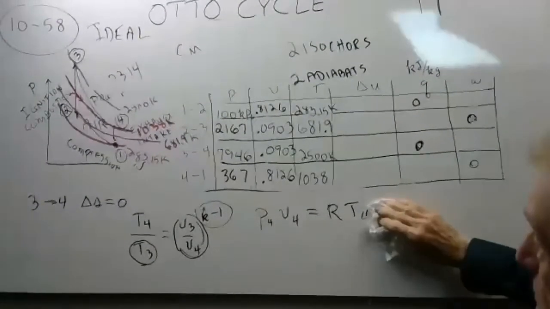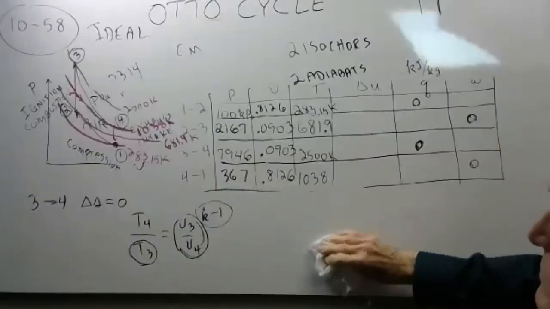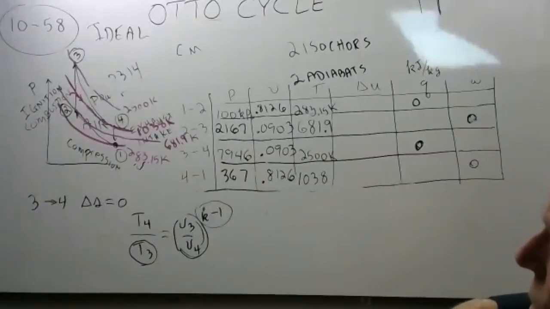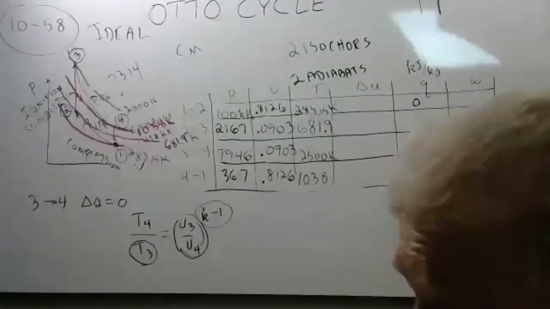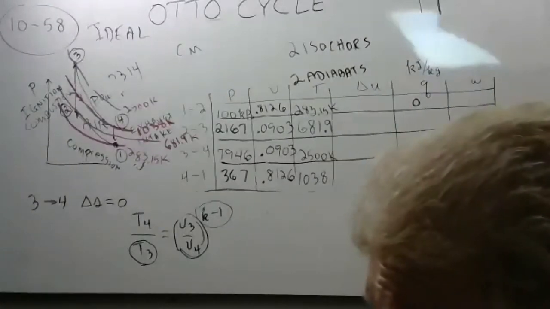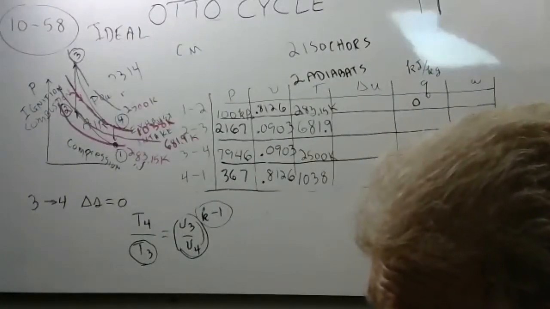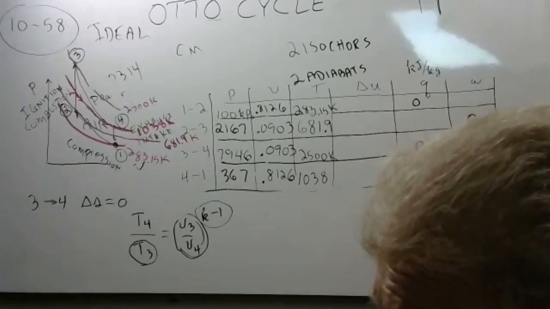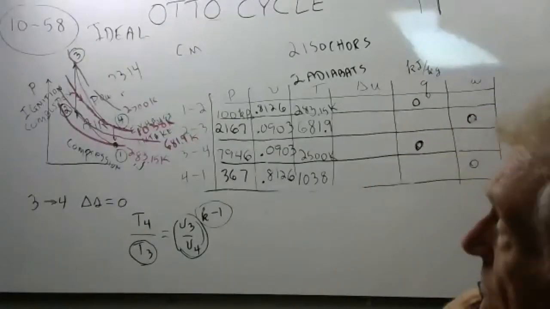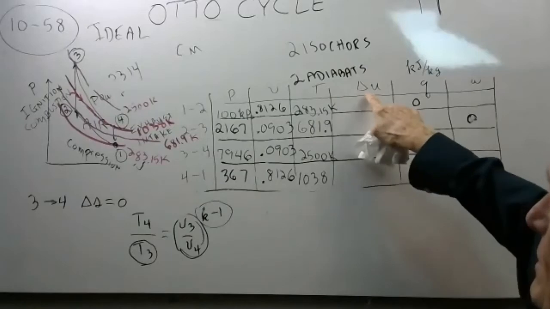Do we use Q minus W? I know the first law is delta U is Q minus W, but I'm not sure what else to do.